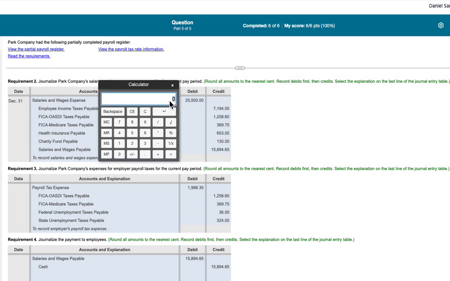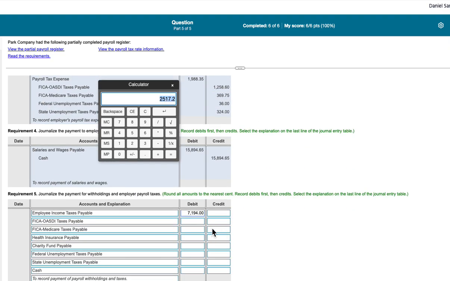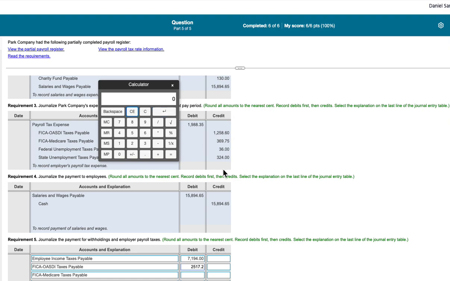So let's see if this works. I don't think it's going to do it. Yeah. So we're going to take that number, which is 1258.60 times 2, and this is my number. So why? Because employee and employer are both paying that tax.